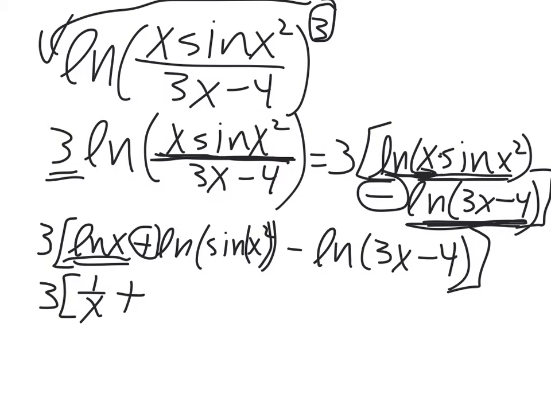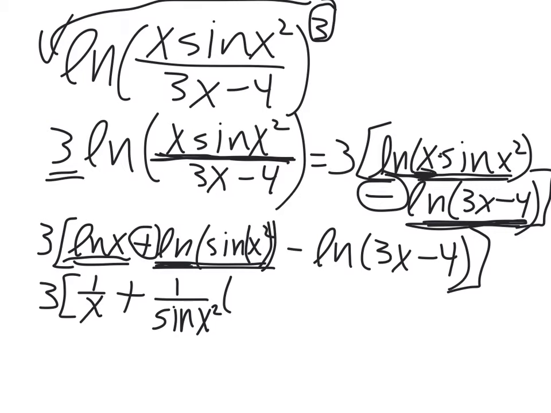But derivative of this term would be what? Okay, natural log, we'll have the 1 over the inside of the natural log, and then times the derivative of the inside, which is our sine of x squared.